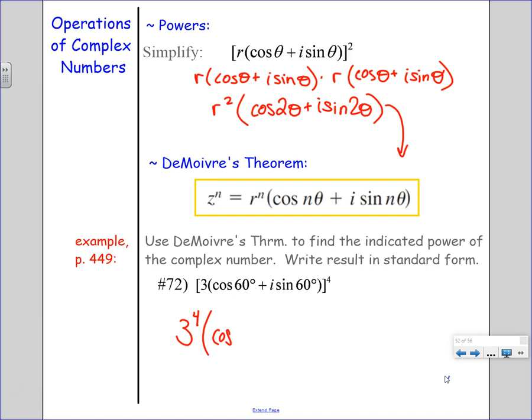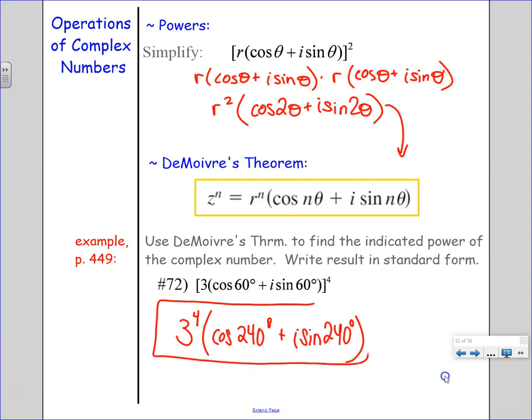So it's going to be 60 times 4, so 240, plus i sine of. And yes, Colby was right. 3 to the 4th is 3 squared, 9, times 3 squared, 9, which is 81. So it is going to end up being 81 cosine of 240 plus i sine 240.